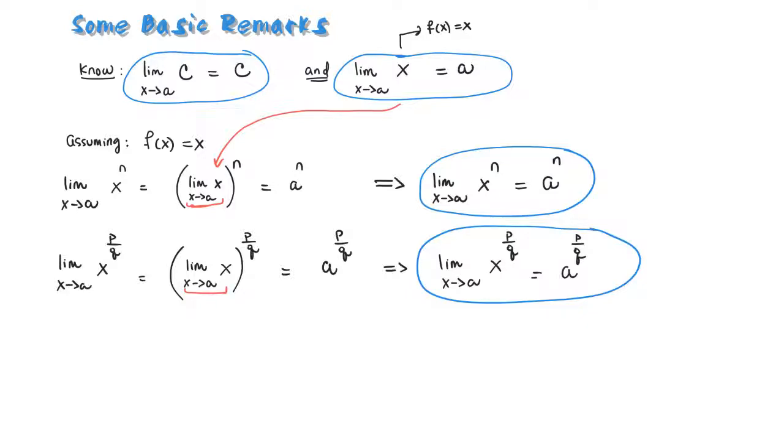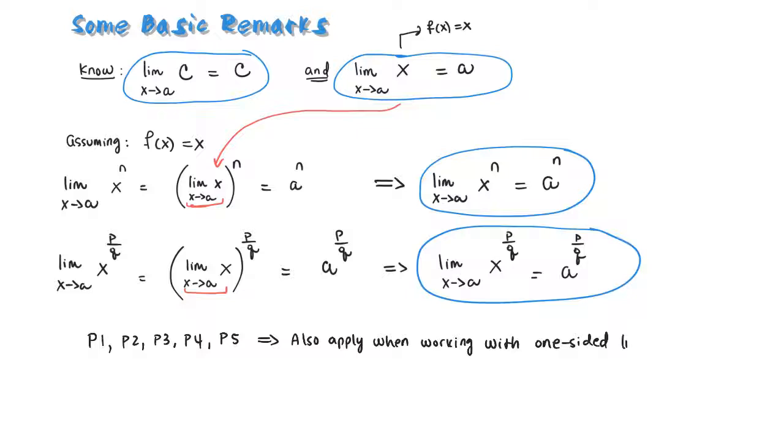And another remark that I want to make is that the properties that we just developed also work for one-sided limits. Let me even write that down because I really would like for you not to forget that. So all properties P1, P2, P3, P4, and P5 also apply when working with one-sided limits.